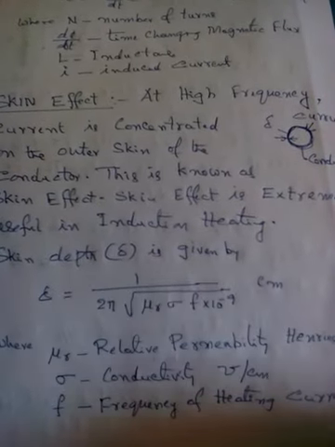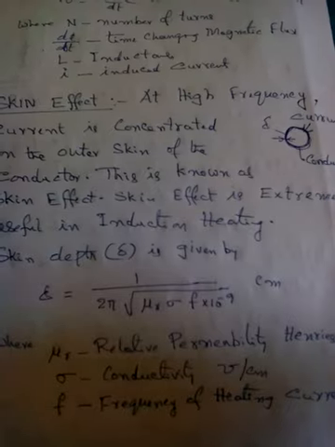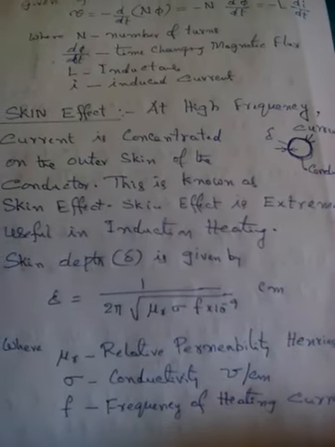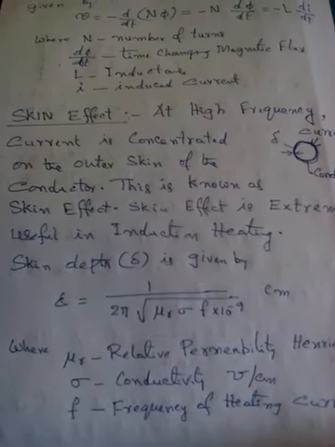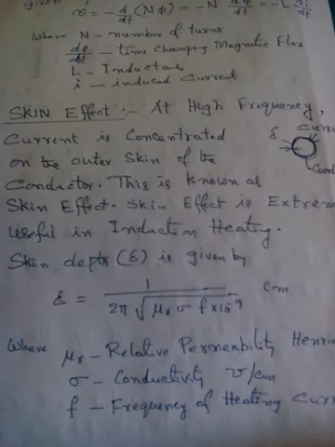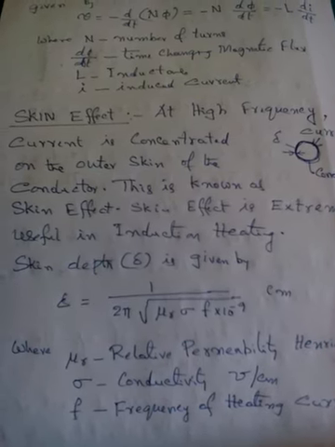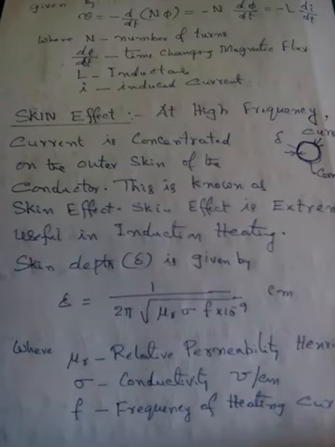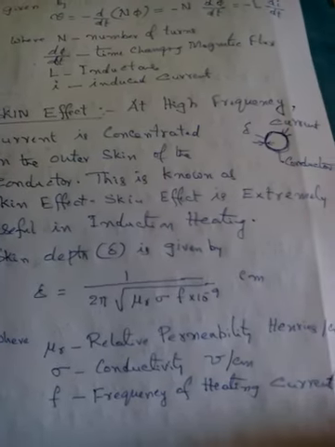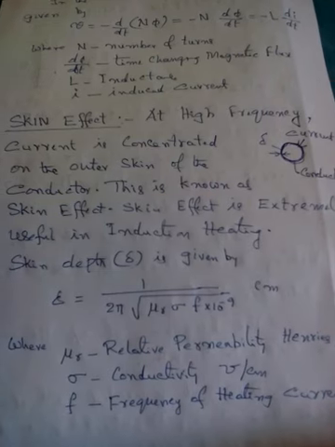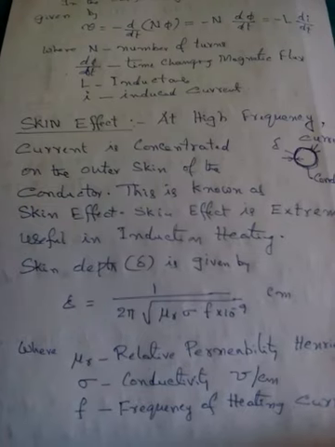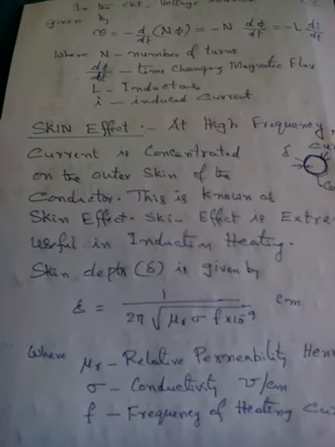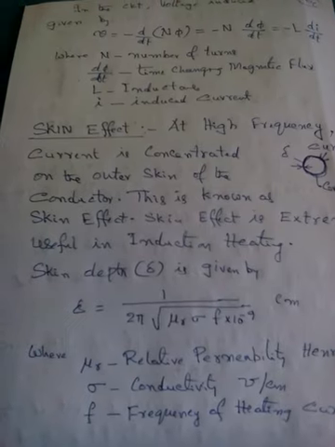So the skin depth, the depth where current goes into the conductor, is inversely proportional to the square root of mu r, sigma, and f. We can calculate how much heating depth is required using this equation.